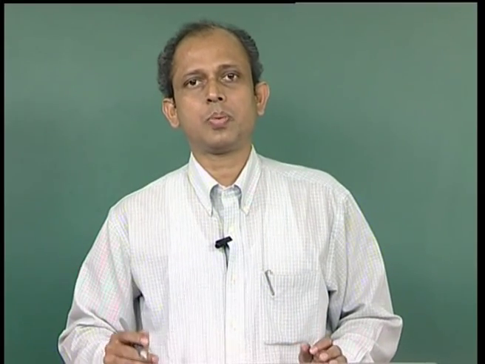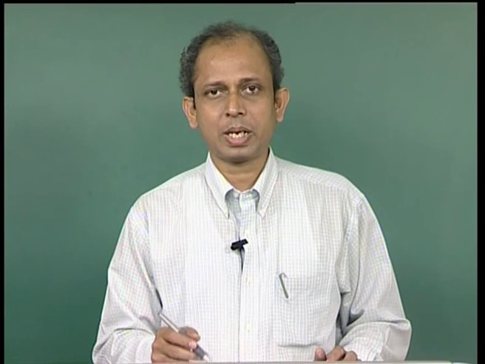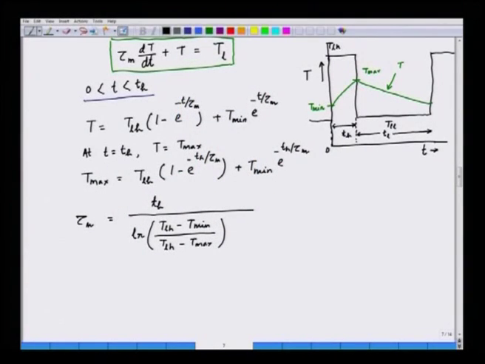So, if we know tau m, which is the time constant, we can evaluate the inertia, and the inertia is important to us because if we know what is inertia, we can find out the flywheel inertia of the overall system. So, from this equation we can find out the inertia as follows.